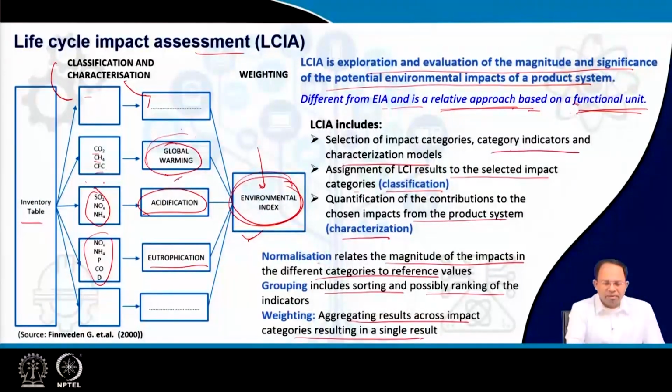So we can give weights to each of these characterization effects, and that may lead to this environmental index. There is what sort of impact it is creating, and the weight of that particular aspect, to create an overall environmental index. So this is what life cycle impact assessment is all about.